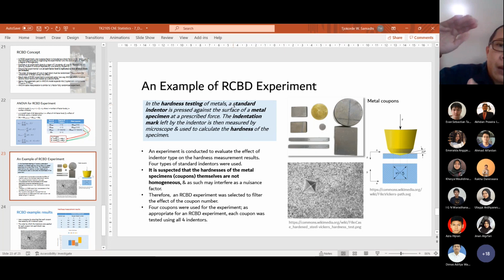So these indenters are pressed against the surface at the prescribed force. And then when we remove the force and we pull out the indenter, there will be an indentation mark on the surface of the specimen, which is then measured by a microscope. And with some mathematical calculation, we can determine the hardness of the specimen.